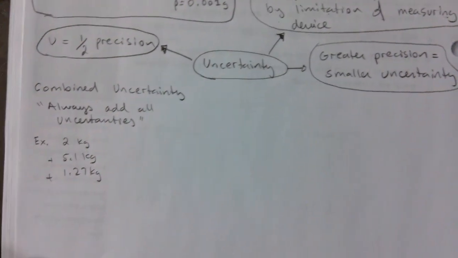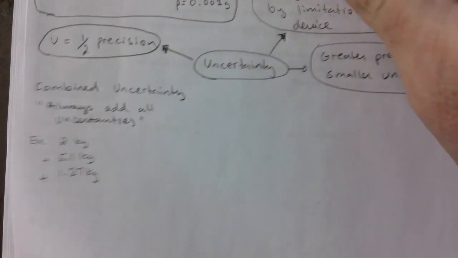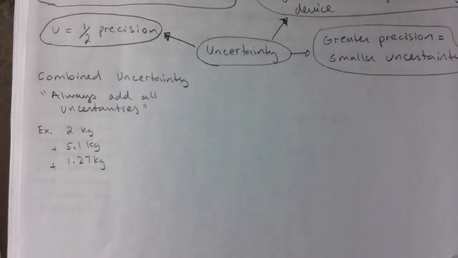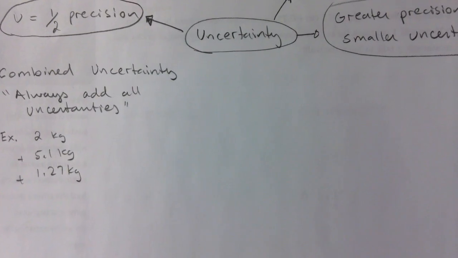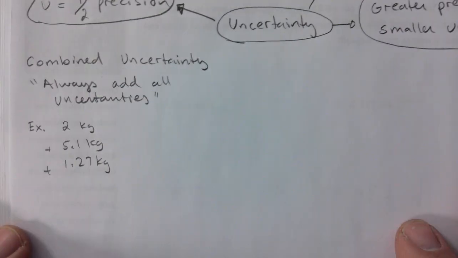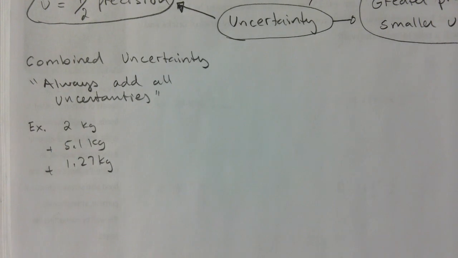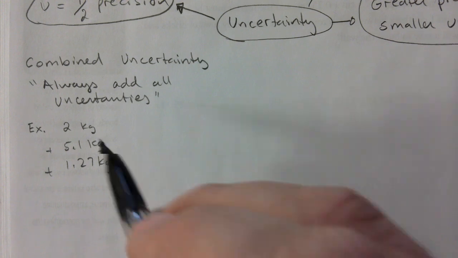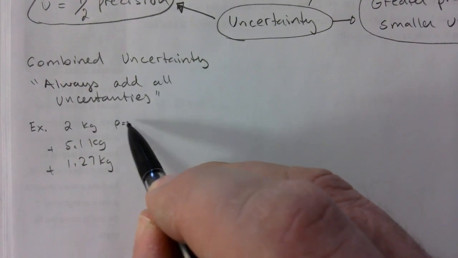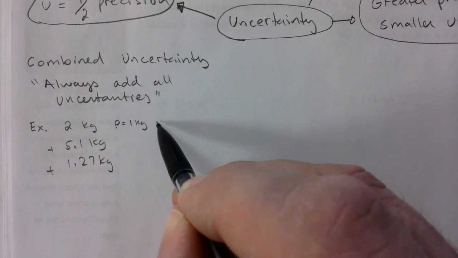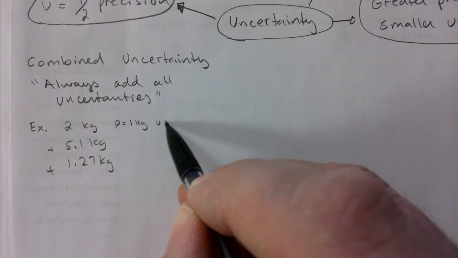I'm going to zoom into this example because the numbers are getting rather small. So let's say you were supposed to add these packages and their weights. They each have a precision and they have an uncertainty.